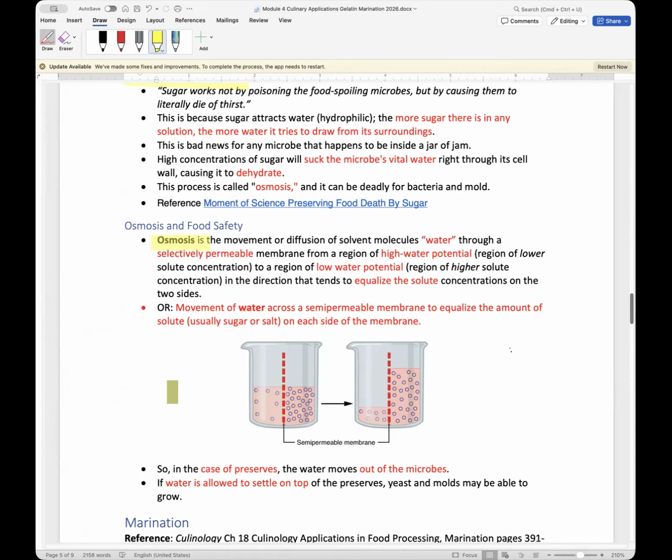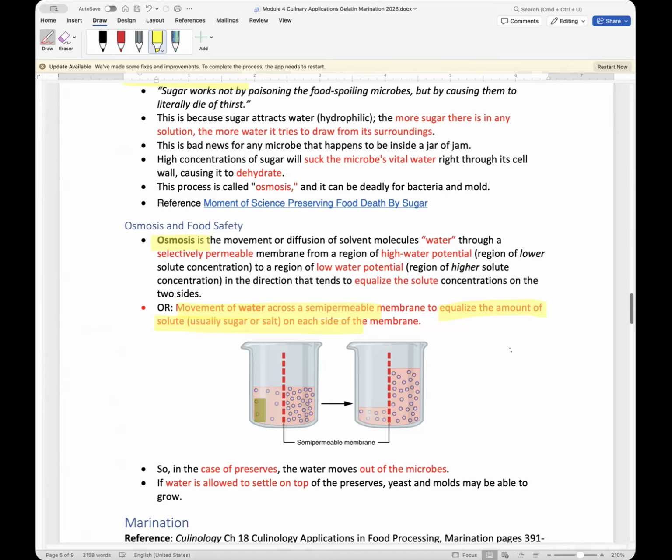So the process of osmosis is the movement of water across a semi-permeable membrane to equalize the amount of solute, or sugar or salt, on each side of the membrane. So let's say this beaker is a piece of fruit. On the inside of the fruit is a high concentration of sugar.